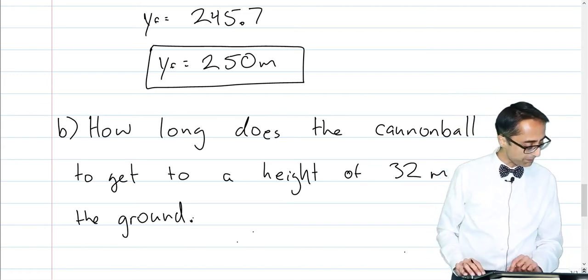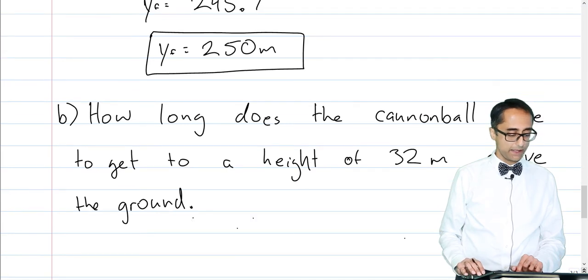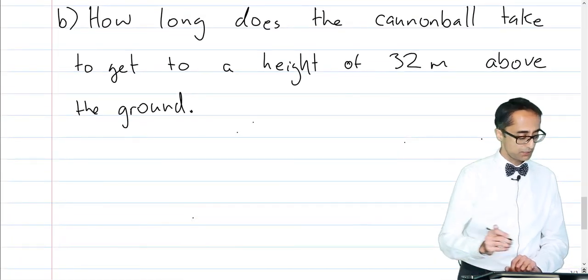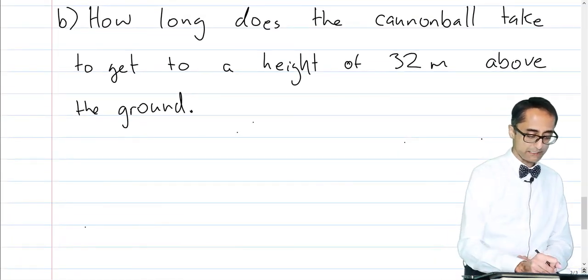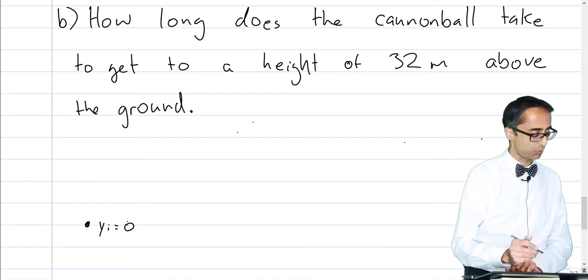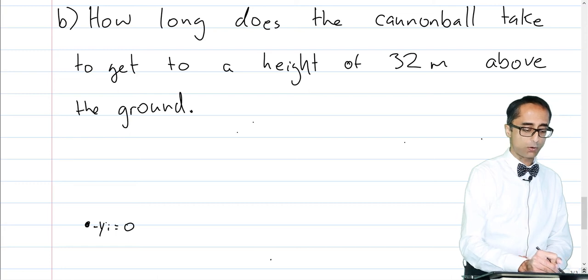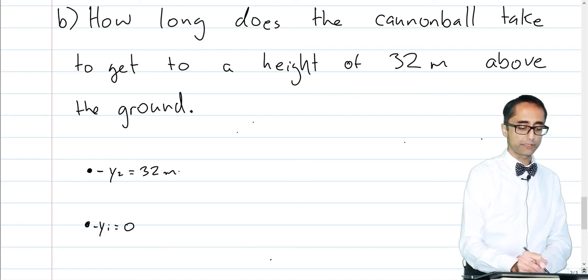And so let's set up our problem again. This time, much smaller height difference between our initial position, y initial, I'm going to call it 0 one more time, and our not final position, but our specific position, which I'm just going to call y2. I'll make that 32 meters.